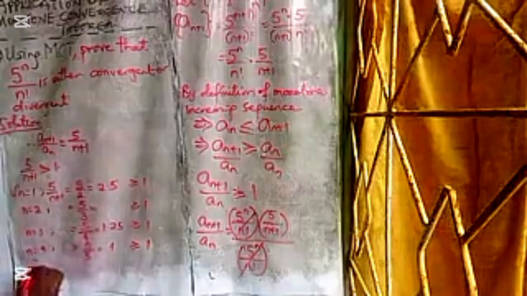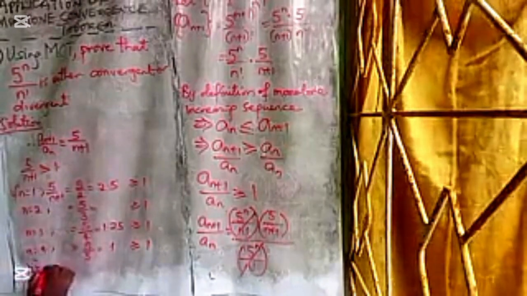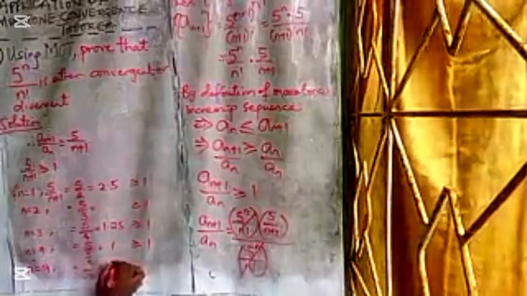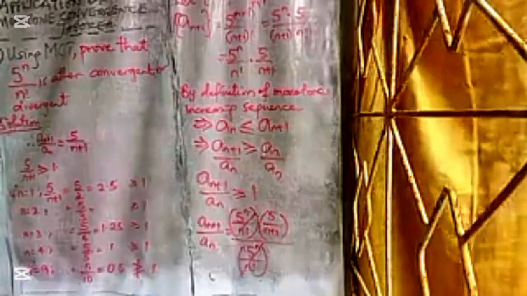But if n is equal to 9, then this gives us what? 5/10, and this is 0.5, which is not greater than 1. So what can we say about this sequence? It shows that this sequence is an eventually decreasing sequence.